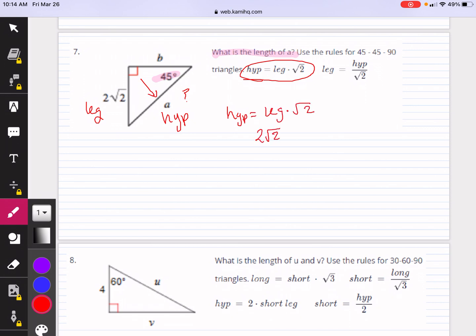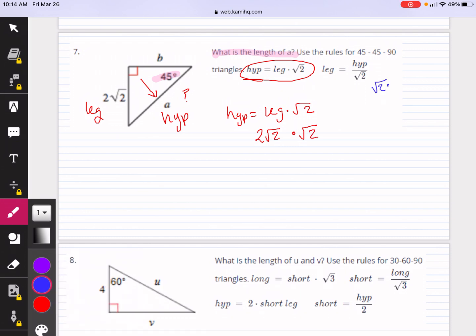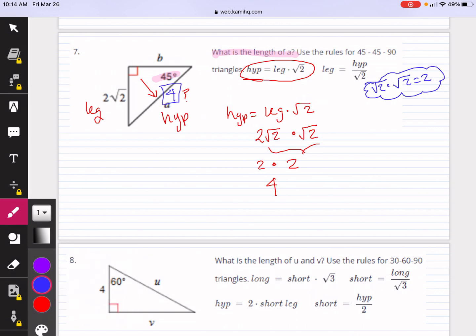Our leg is 2 root 2, so we're going to multiply that times square root of 2. And we had learned that anytime you're doing square root of 2 times square root of 2, that's equal to 2. So this problem becomes 2 times 2, or 4. So the length of the hypotenuse would be 4.